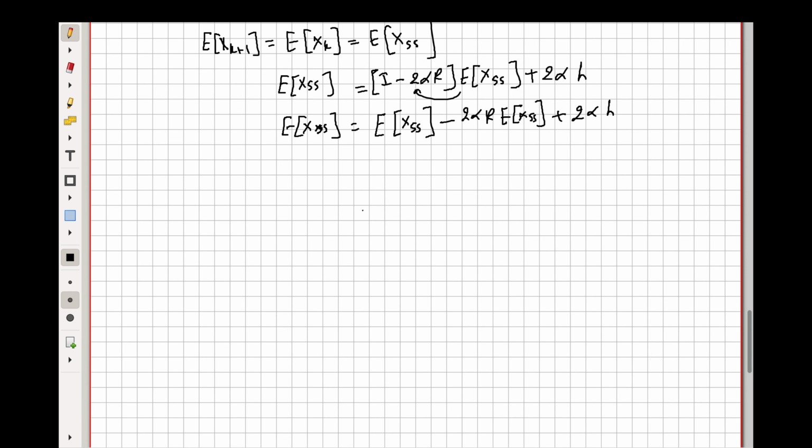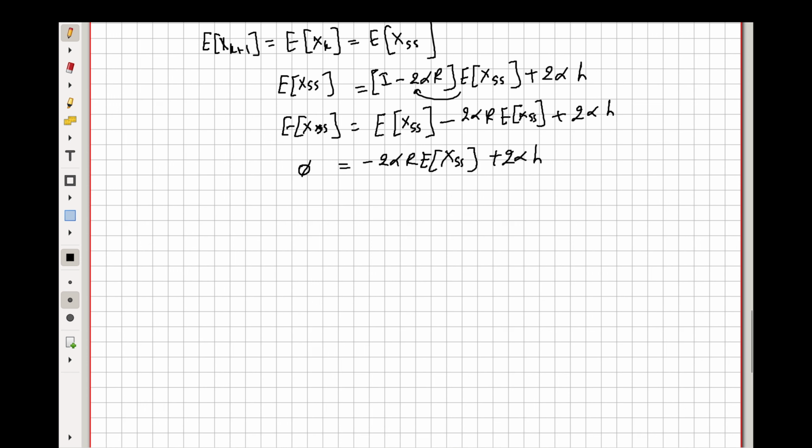We subtract this from both sides, and what we get is 0 is equal to minus 2 alpha R E of x_ss plus 2 alpha h.